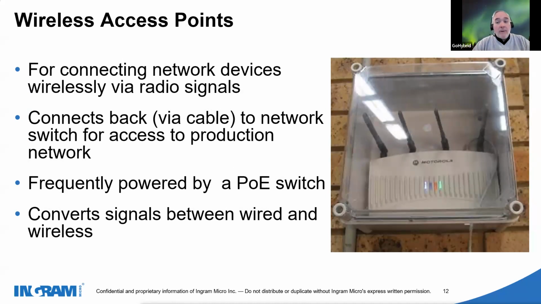They're frequently powered over Ethernet, although that's not always true. And they convert the signals between wired and wireless. So you can kind of think of it a little bit like a gateway. It does have an Ethernet connection cable going back to a switch somewhere, but it does have radios in it to provide wireless coverage to any clients in the area.